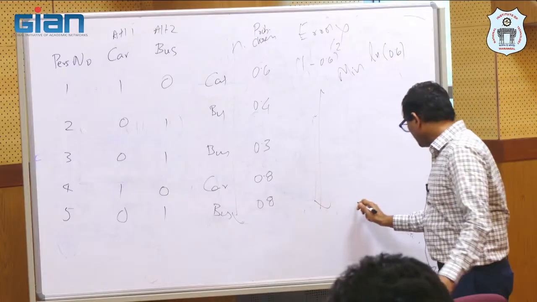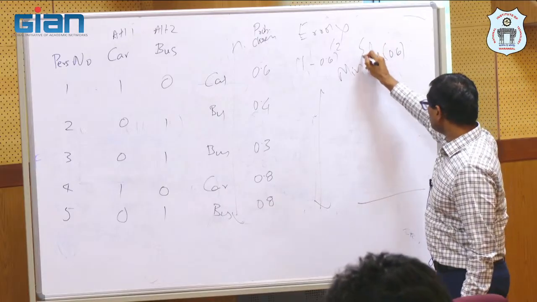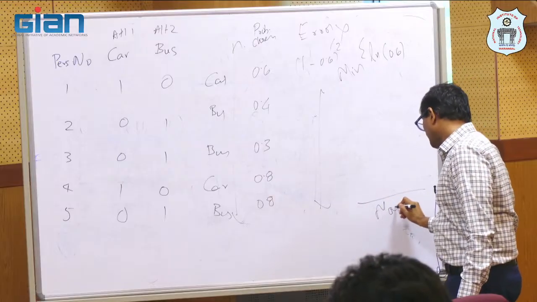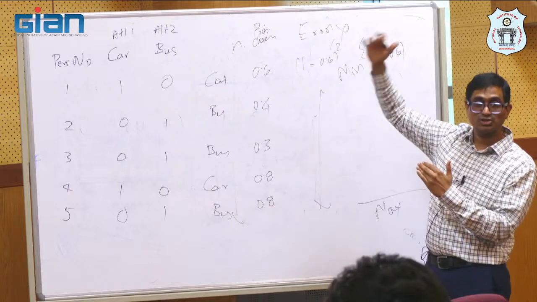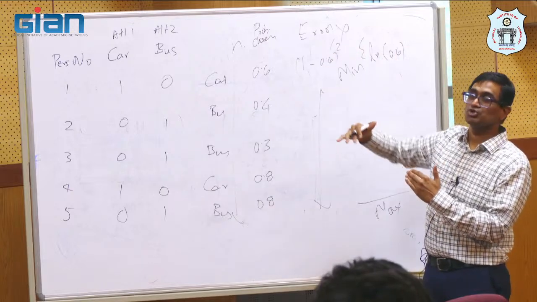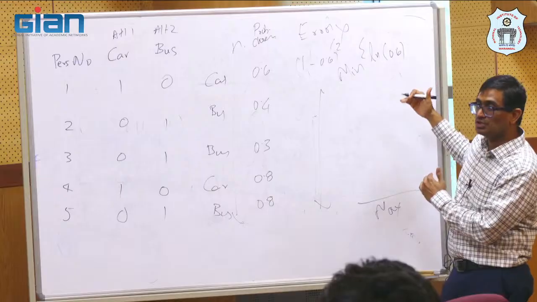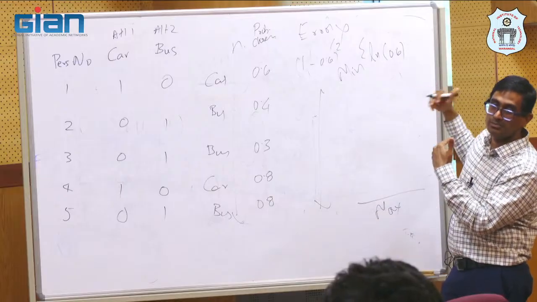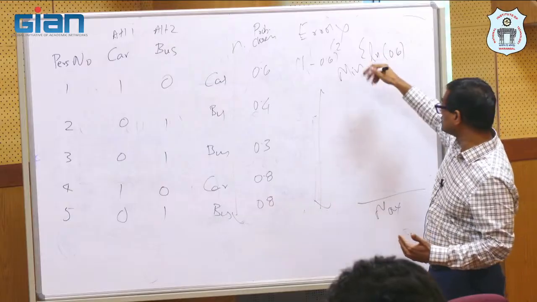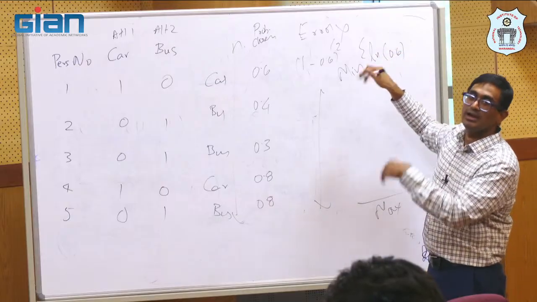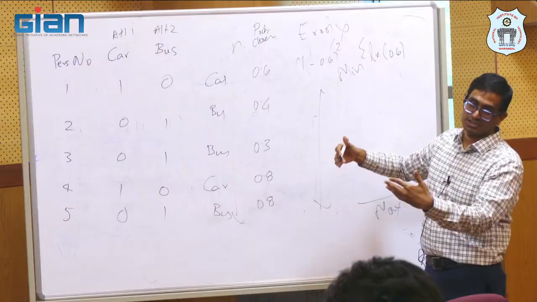So I add all of this up and then I try to maximize it. Because it's a negative number, when I'm trying to maximize it, I'm trying to bring it as close to 0 as possible. So this maximization approach gives you a mechanism to solve for your beta. So you write the likelihood function as ln of the chosen alternative and then maximize it, differentiate with respect to beta.